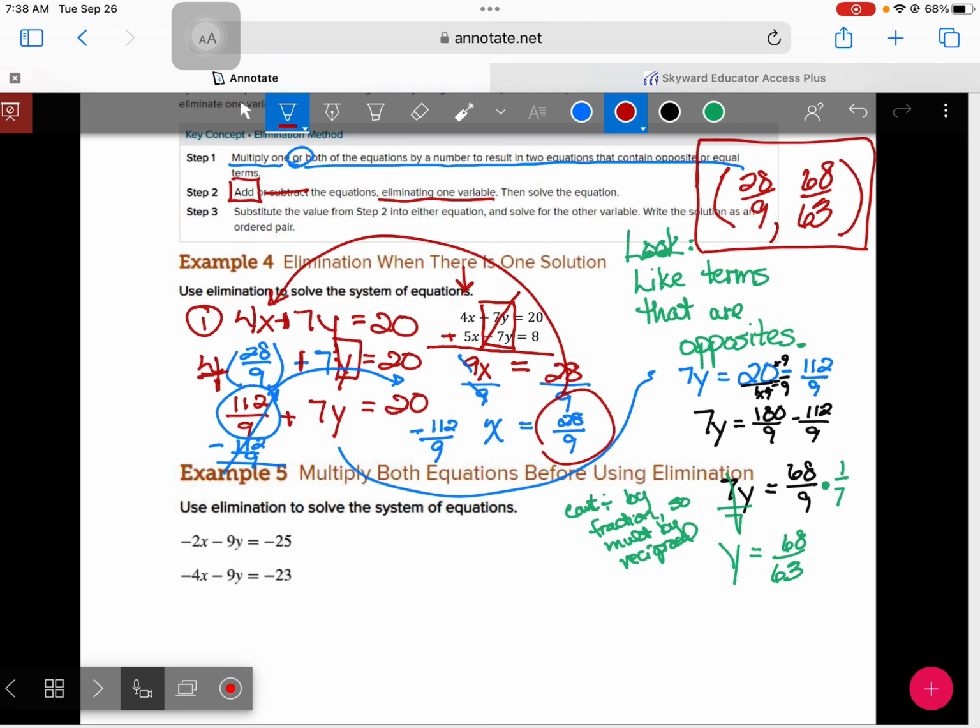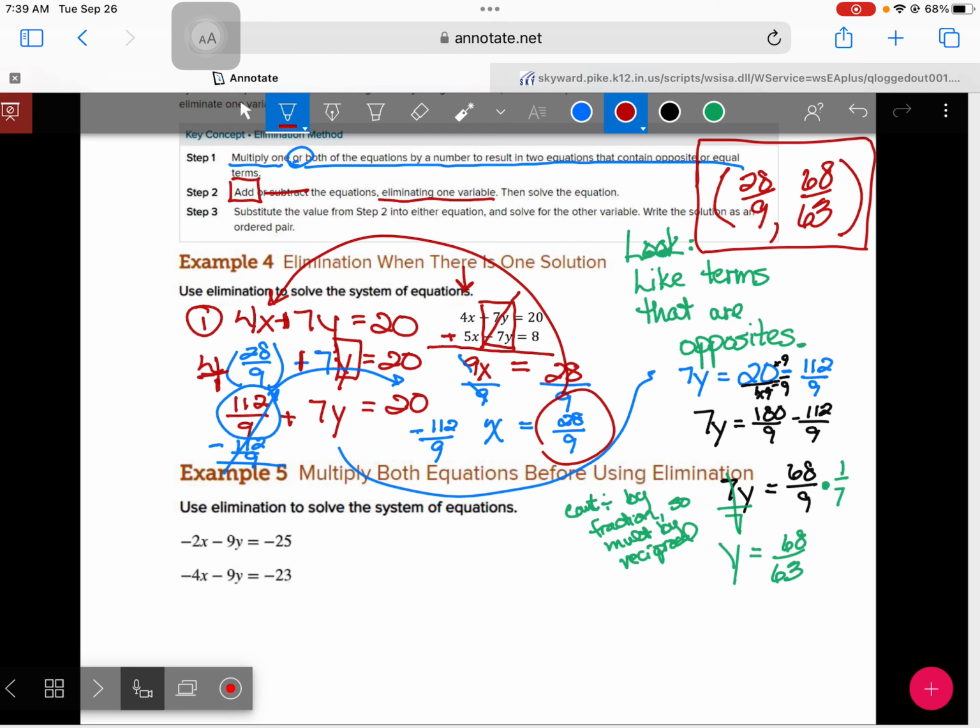That is ugly. I promise they're not going to be this bad. Promise. Okay? Any questions on that? I'm just checking. 28 ninths, 68 63rds. That's what I had.